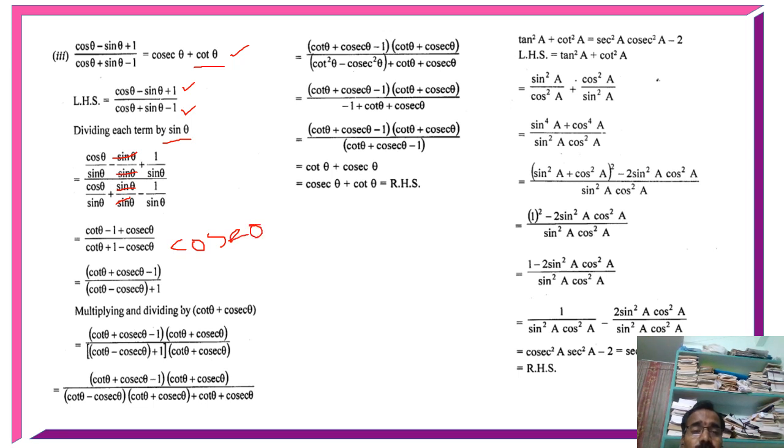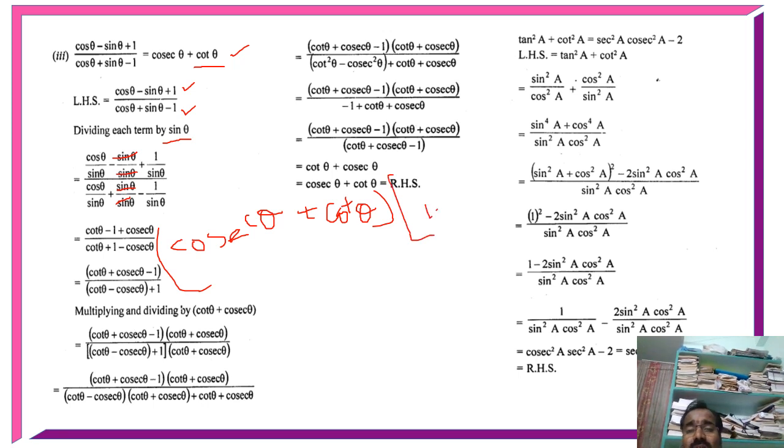If you factorize this one, what is left over? Already I said we wrote it as 1.